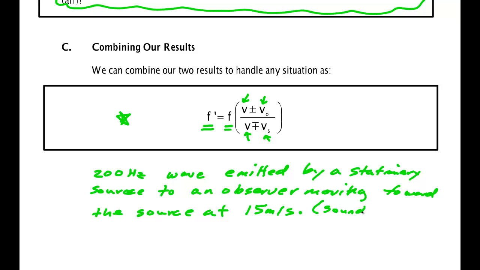And we'll assume that we're at regular temperatures for sound, and that means it has 343 meters per second. So the new frequency would depend on 200 hertz.